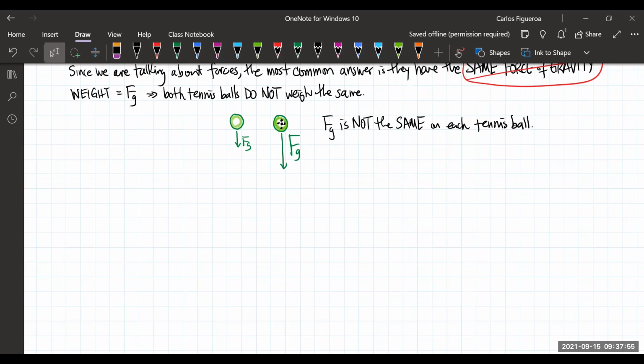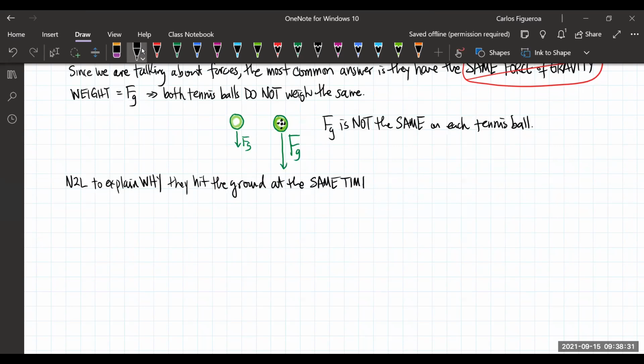I'm going to change this in a slightly different way, and we're going to use Newton's second law to explain why they hit the ground at the same time.